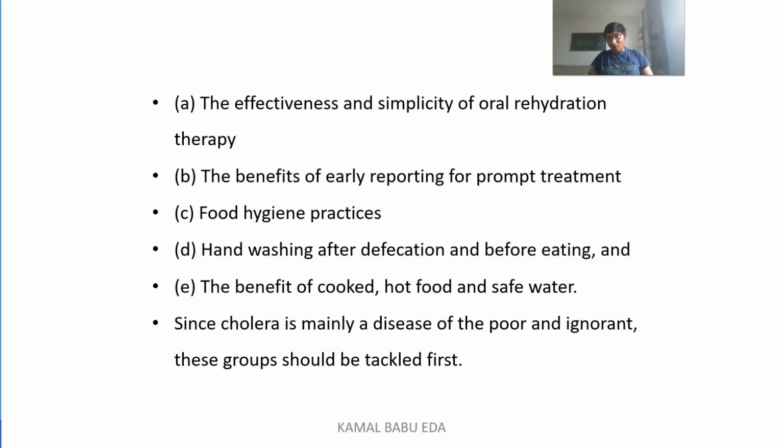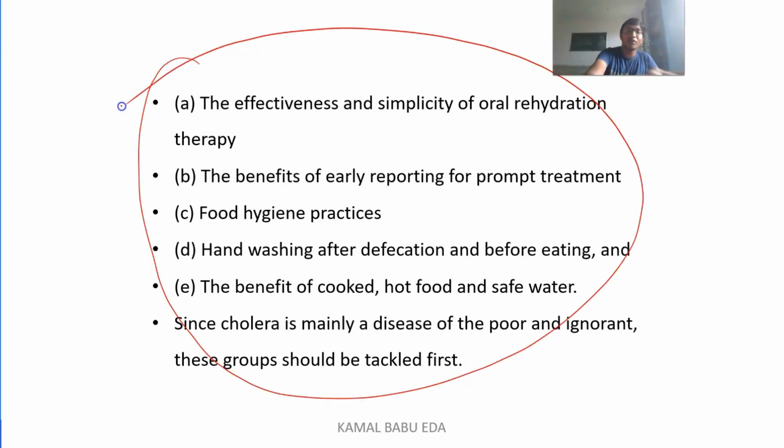We have to say all these things to the people, because cholera mainly occurs among poor and ignorant people with poor sanitation. If you are able to follow all these things, then you can prevent the transmission of cholera.